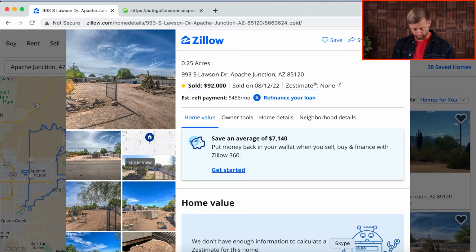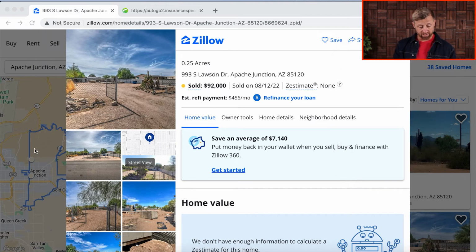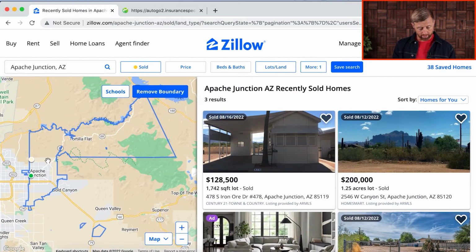So we can figure that out by just going to our calculator here. 92,000 divided by 10,890 square foot. That parcel of land sold for $8.44 a square foot. Let's go back to this other one, 1.25 acres.